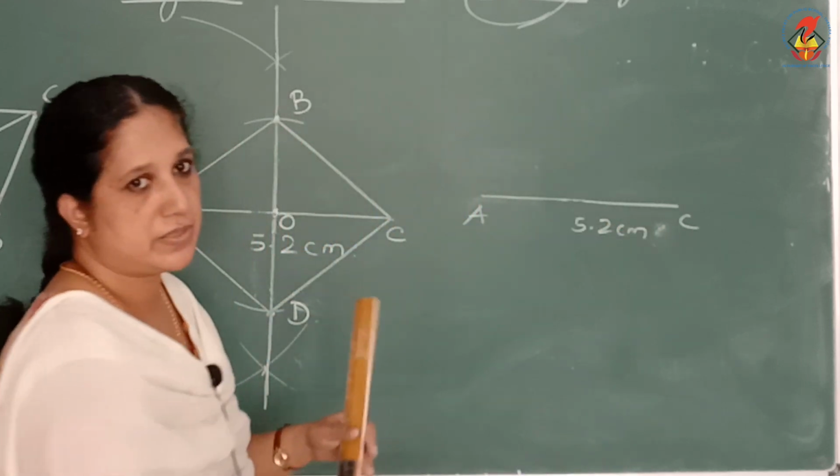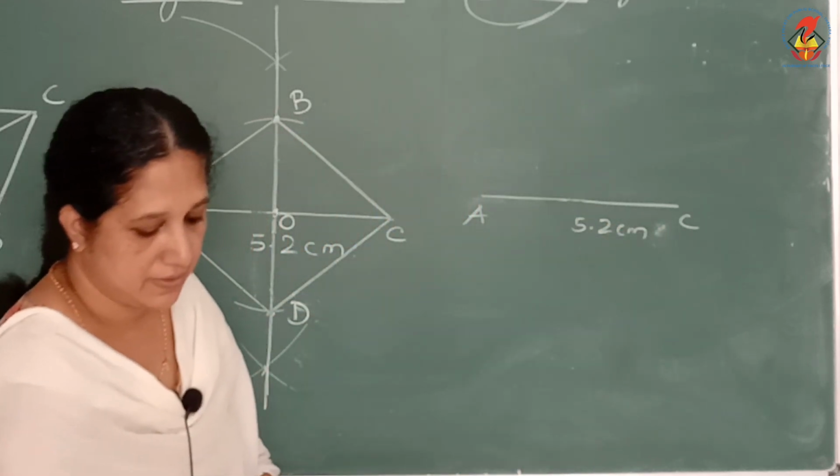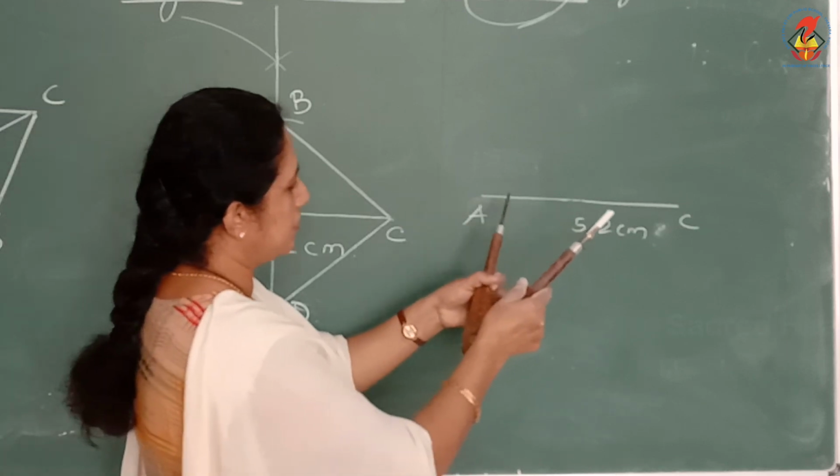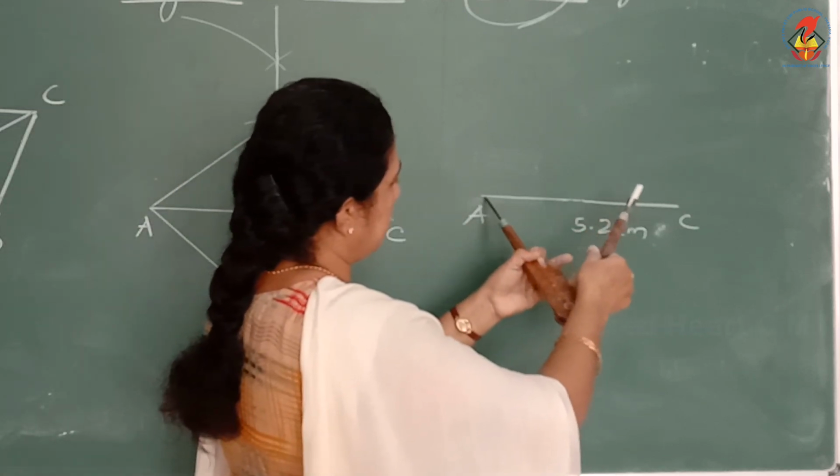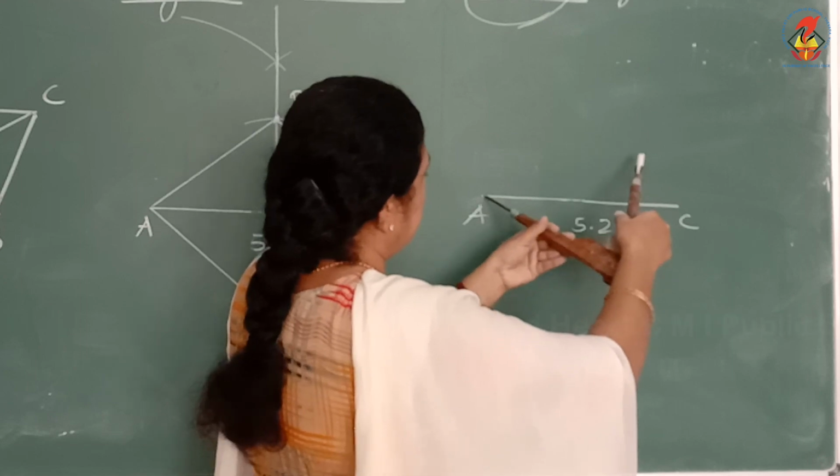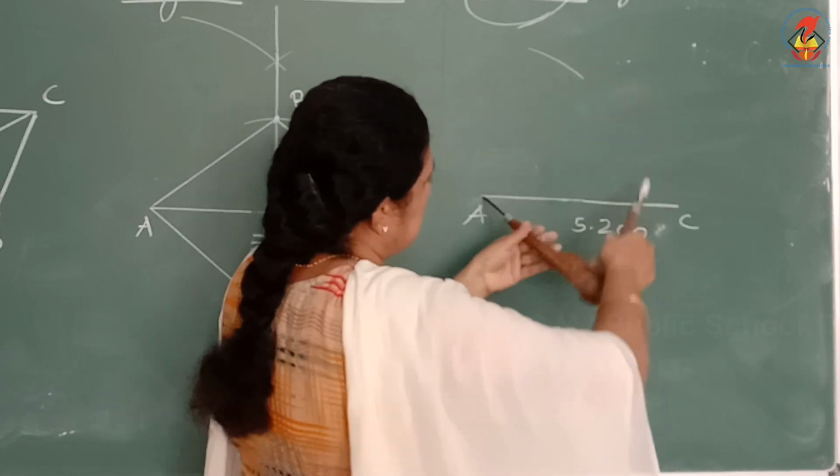Then draw the perpendicular bisector: take more than half of AC, and draw arcs on either side of AC.